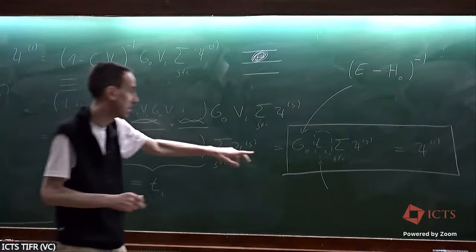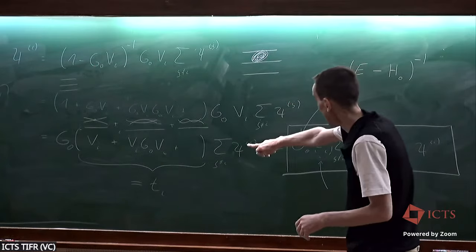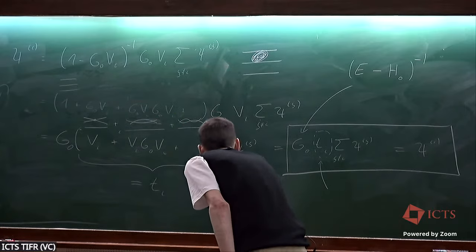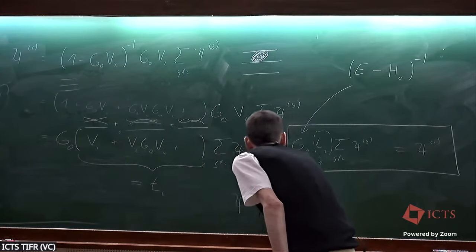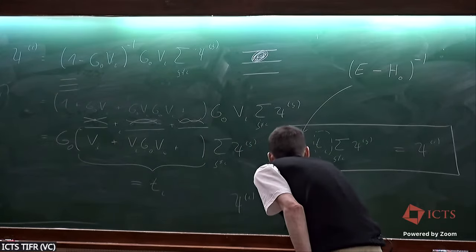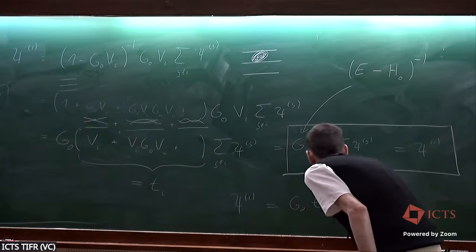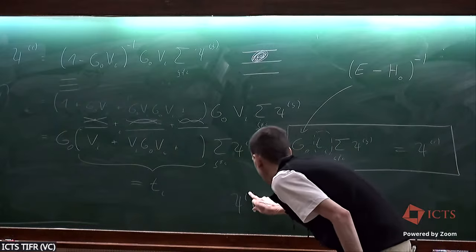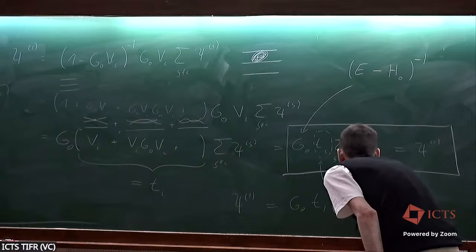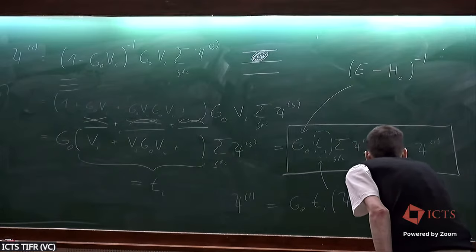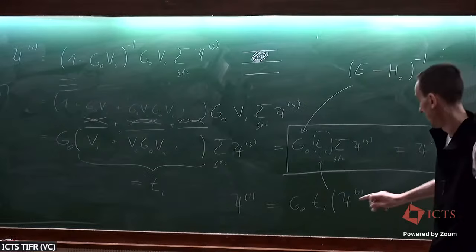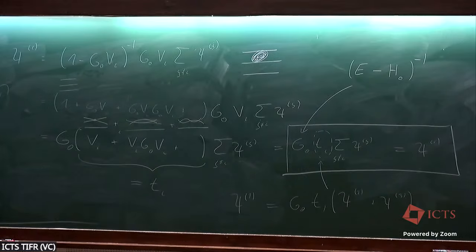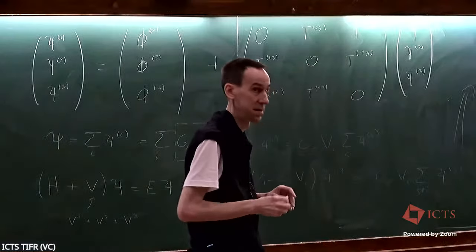So let's write this out for psi 1. What is this? This is G naught times T1 and then times psi 2 plus psi 3. So this is always the same, and this is true for each of those lines.